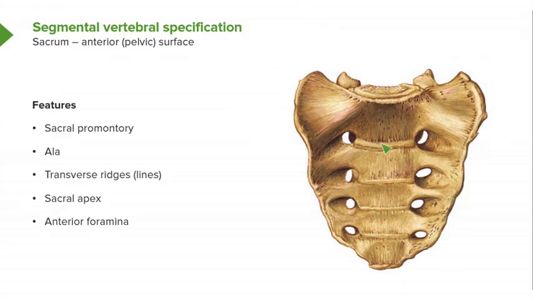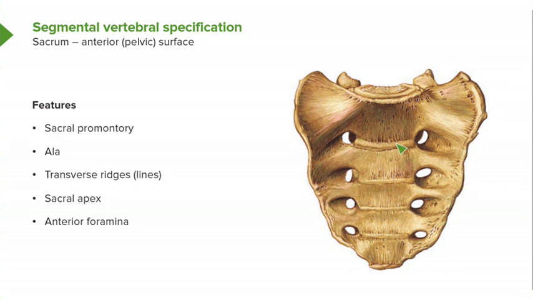We also have these areas here, and these represent the points of fusion between sacral bodies. Here's the sacral body at this level, sacral body here, and this represents the point of fusion between those sacral bodies. Similarly, this area here is the fusion point between S1 and S2.